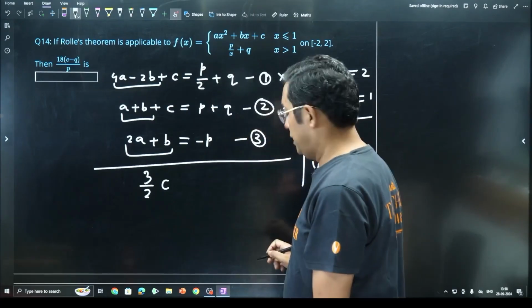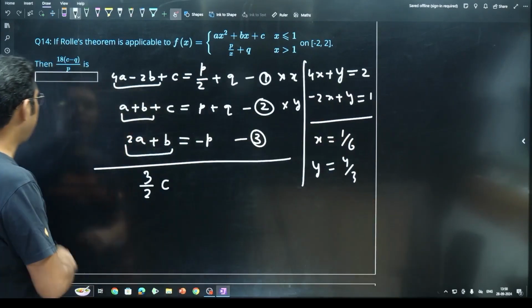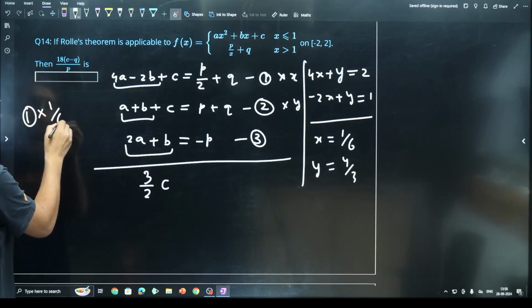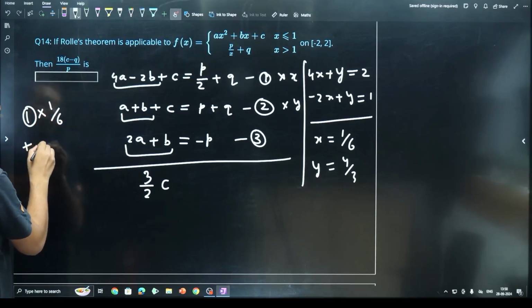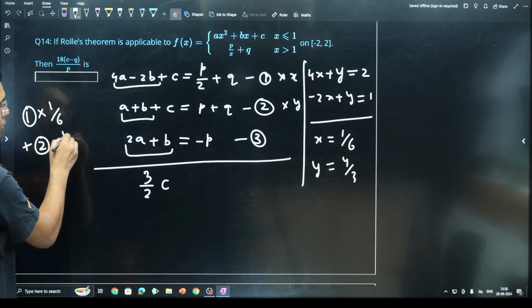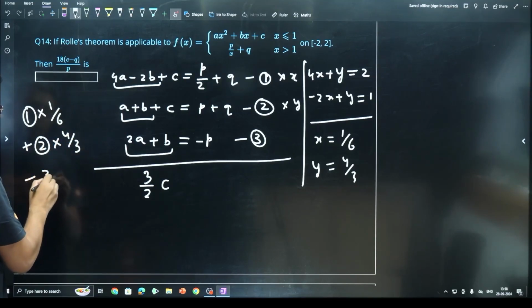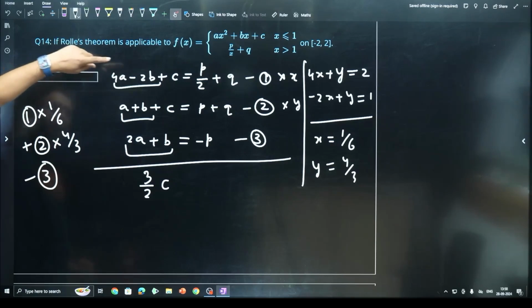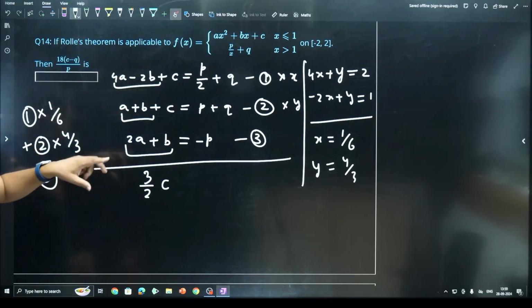What have I done? Let me say it once again. I multiplied equation 1 by 1 by 6, I multiplied equation 2 by 4 by 3, and then I subtracted equation number 3. So my a and b terms are getting cancelled. C will be just 1 by 6 plus 4 by 3, that is 1 plus 8, 9 by 6, that is 3 by 2.